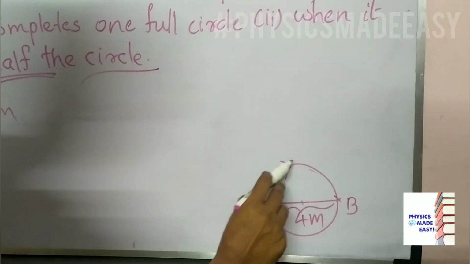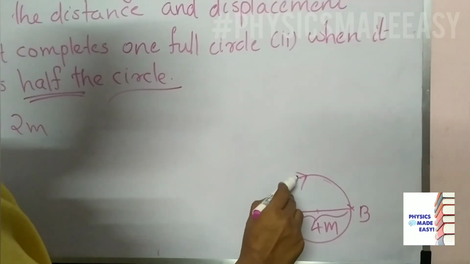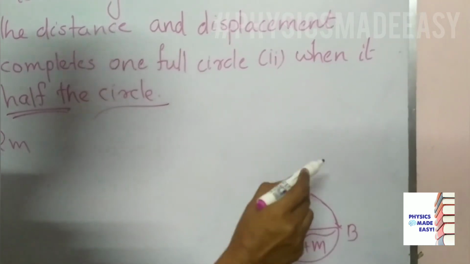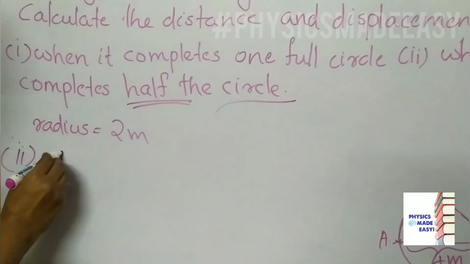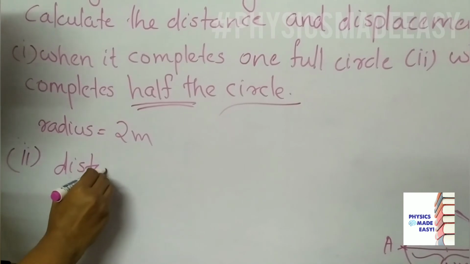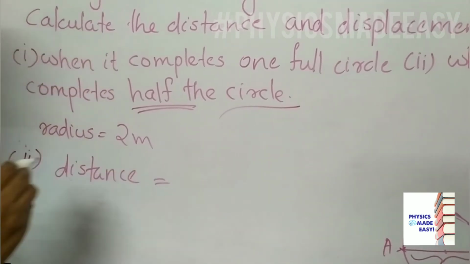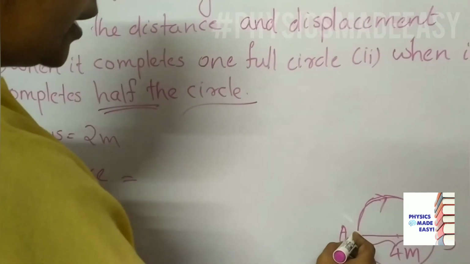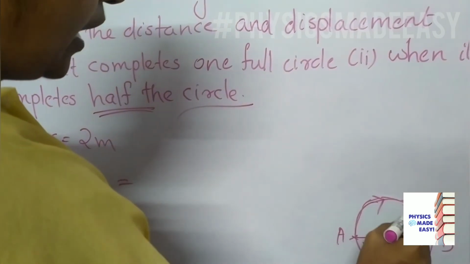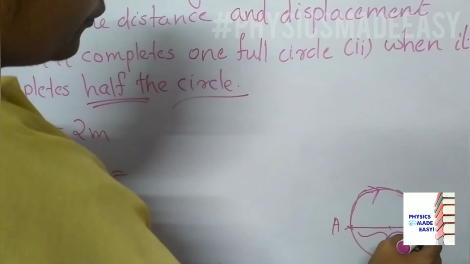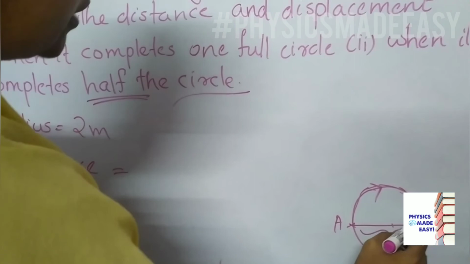So here you can see this is the path of that object. Okay, then here also you have to find the distance traveled and displacement. What about the distance here? Here you can see that is starting from A and stopping at B, final position B. Here it is a semicircle.